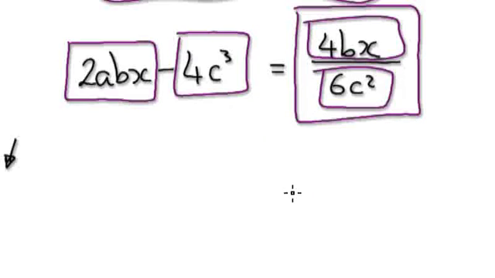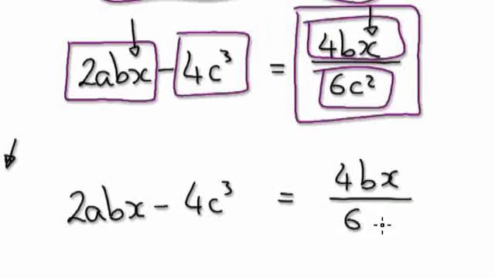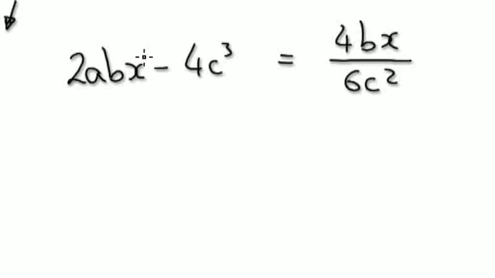So now, anyway, keep an eye on the x's here. Let me rewrite this again. At the moment you've got 2abx minus 4c to the power 3 equals 4bx over 6c squared. So keep an eye on x. X is here and here.